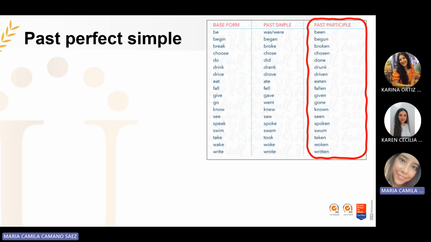And if the verb ends with a vowel E, you only add D. But irregular verbs are a little bit difficult because their structure changes a lot, and you have to memorize them because this is the best way to use them.